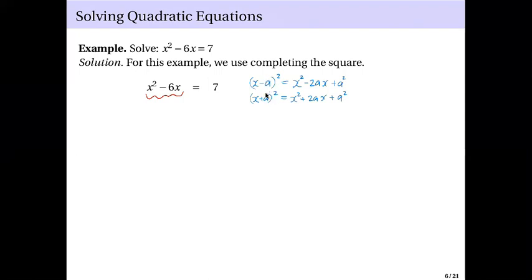So we will have to find the a squared for this left-hand side, and we can find that using this formula. In particular, notice you have minus 6x, and in this formula, you have minus 2ax. So if we compare these formulas, here is what we get.